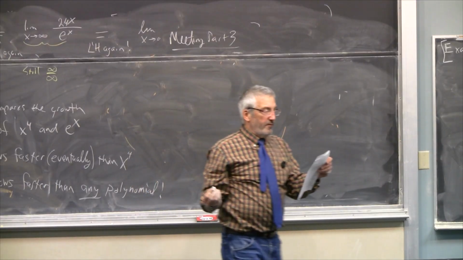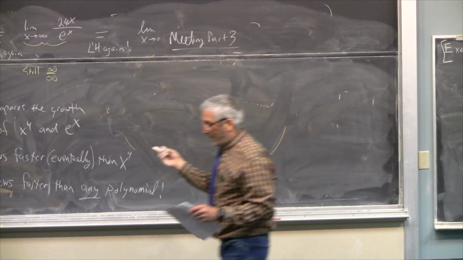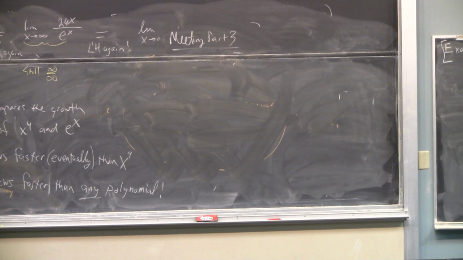Go back to my wonderful long title. Remember what we did? We turned our indeterminate limit involving a product into one involving a quotient because L'Hopital's rule needs a quotient. L'Hopital's rule only applies to indeterminate forms involving the limit of a quotient. So that's why we needed to do that.